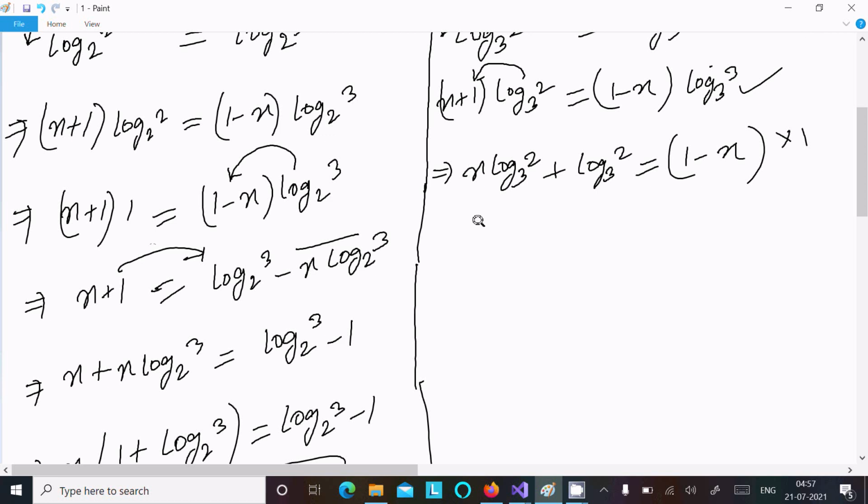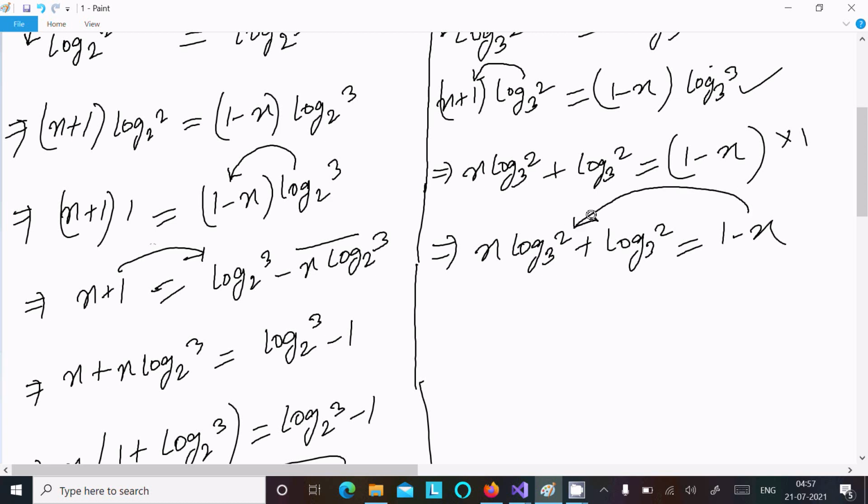After that, write one more line: x log base 3 of 2 plus log base 3 of 2 equals 1 minus x. The x part I am going to put on one side, so this x moves to the left and becomes plus: x log base 3 of 2 plus x, and this moves to the right, equal to 1 minus log base 3 of 2.